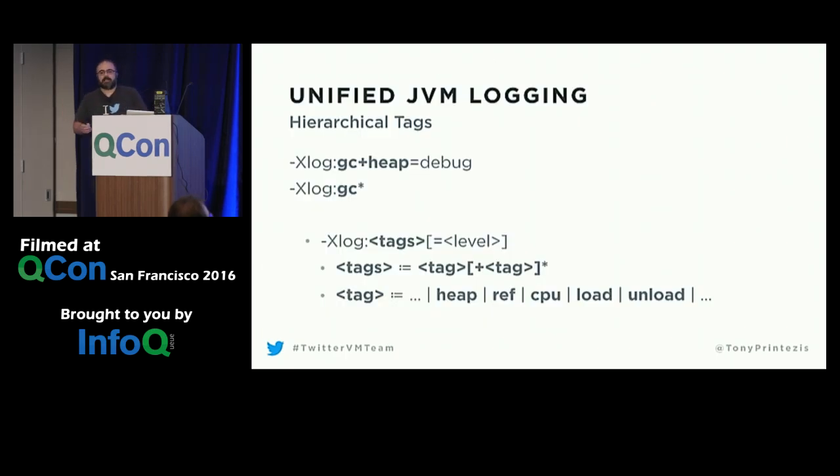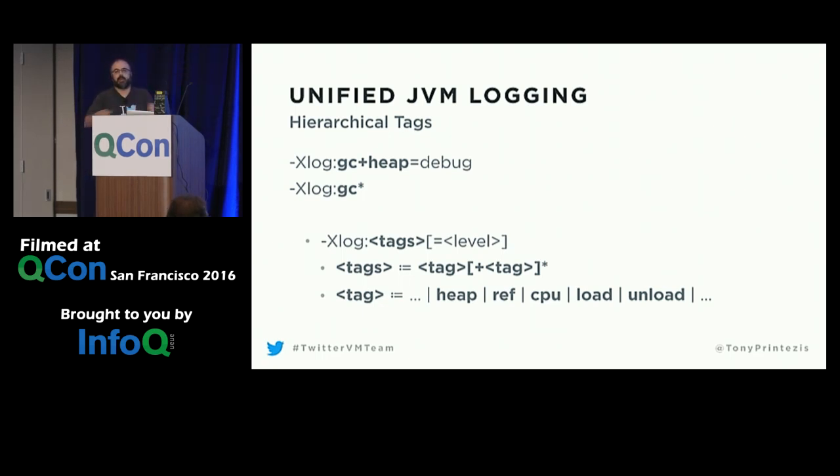So the tags are hierarchical. We saw GC, but you can actually add several tags that make sense, separated with pluses. So here we have Xlog GC plus heap, and that will enable GC heap output, okay? And if you want to enable all the sub tags of a particular tag, you can use star.